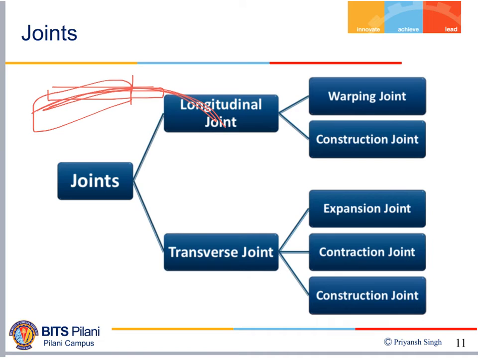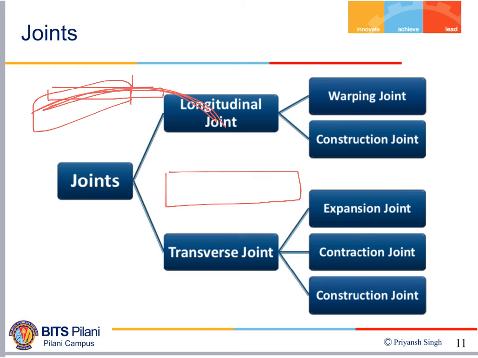So because of the introduction of a warping joint, the warping stresses in the pavement will decrease. You might require to stop the work at the end of the day, and the next day you need to start the fresh work. At this point also you will require to give a joint between the old and newer part of your rigid pavement.